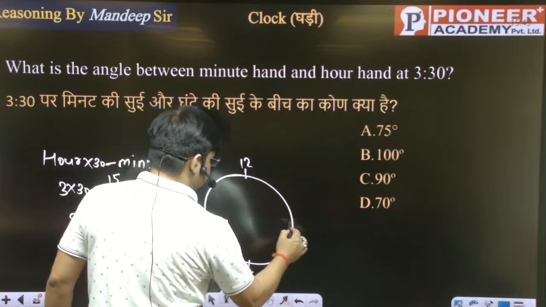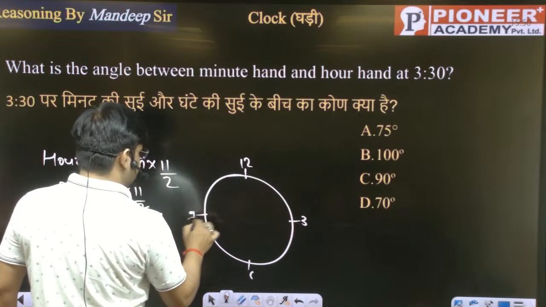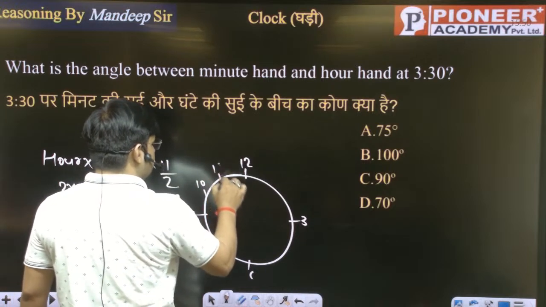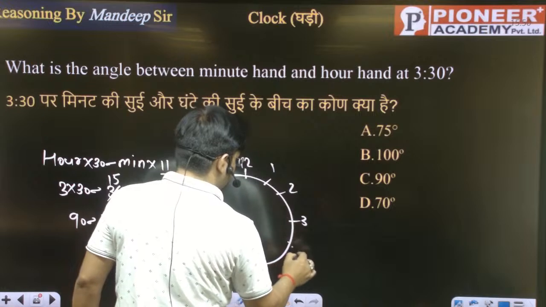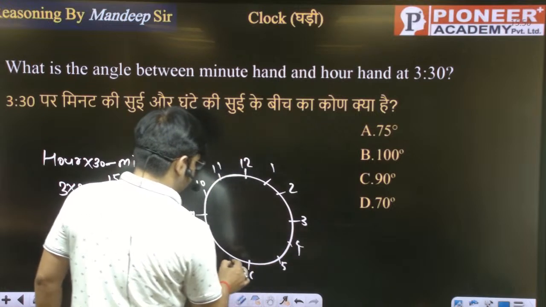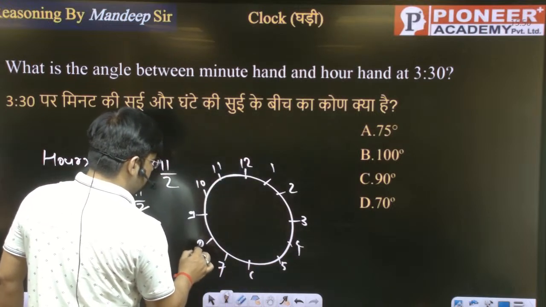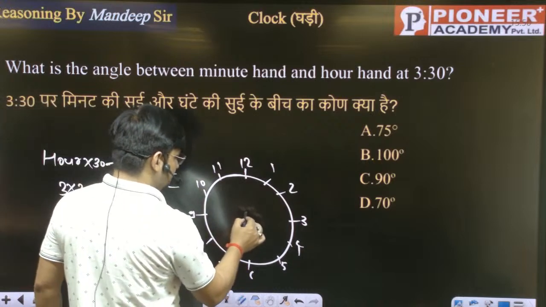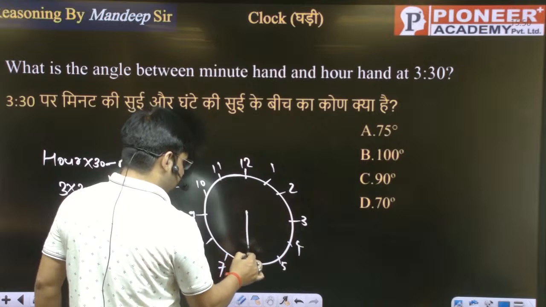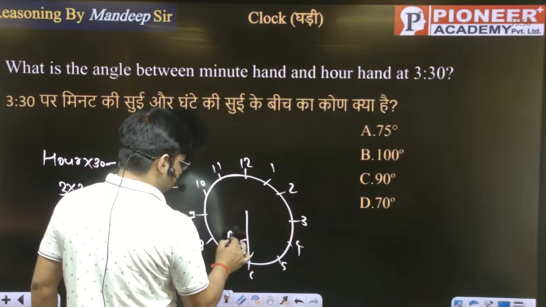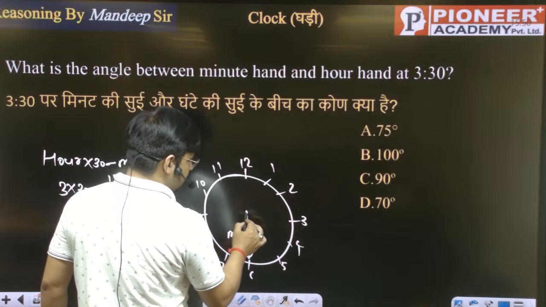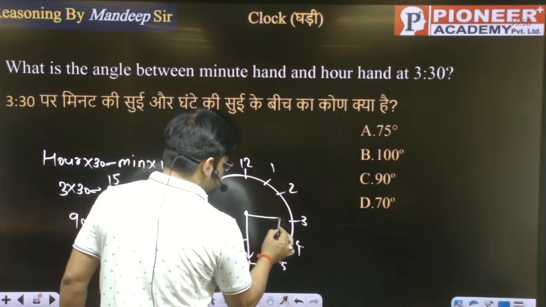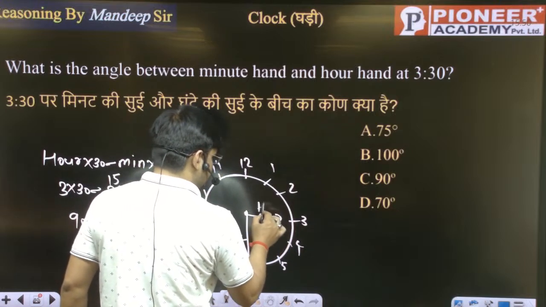12, 6, 3, 9, 10, 11, 1, 2, 4, 5, 7 and 8. The minute hand is on 6 and let's suppose the hour hand is at 3.